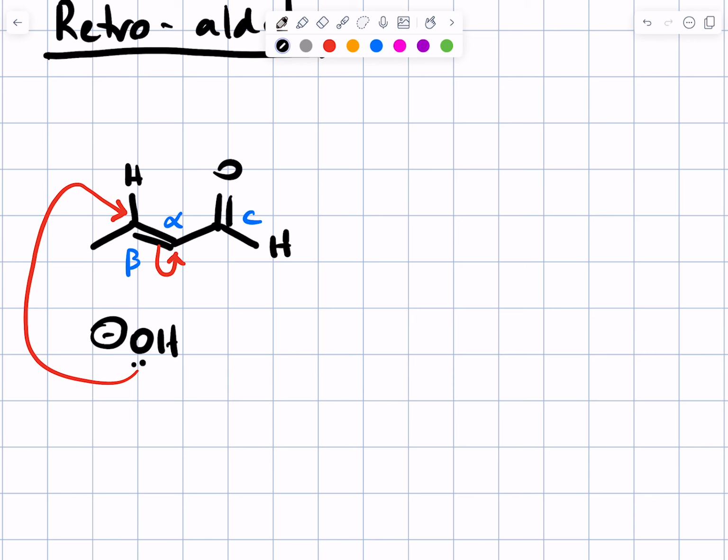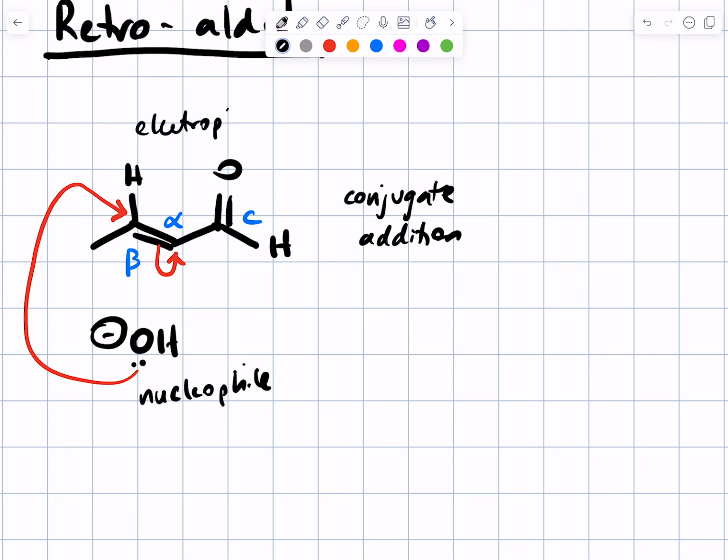This backward step, loss of the OH group, if we go in this backwards direction, this mechanistic step is called conjugate addition. That is, we're adding OH as a nucleophile to the beta carbon of an alpha beta unsaturated carbonyl compound.